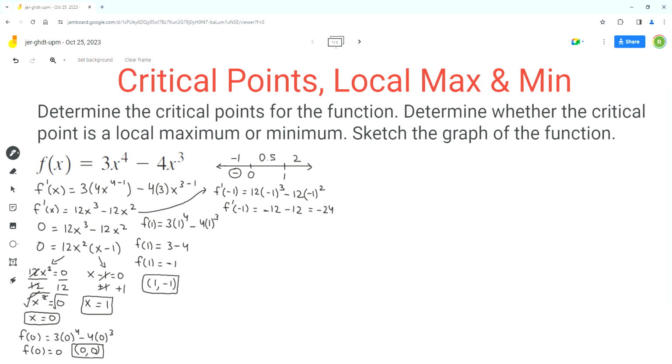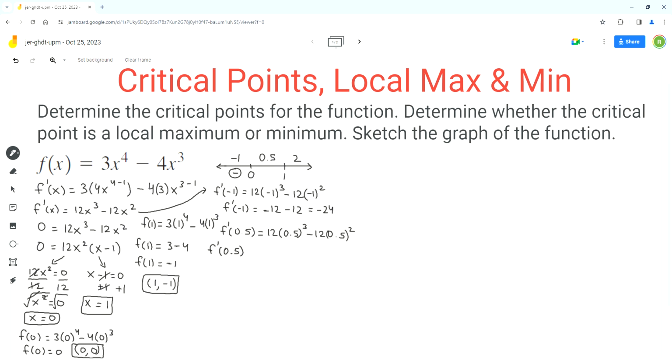Now we can analyze the function between 0 and 1. So we can use the other test value. So f prime at 0.5 equals 12 times 0.5 cubed minus 12 times 0.5 squared. Now we can simplify this expression.